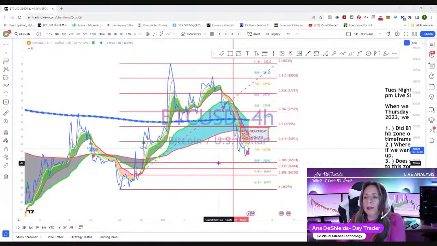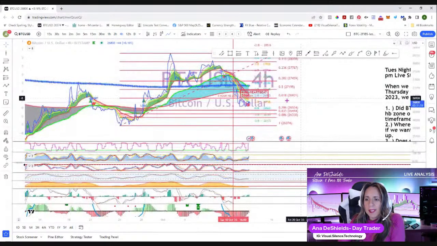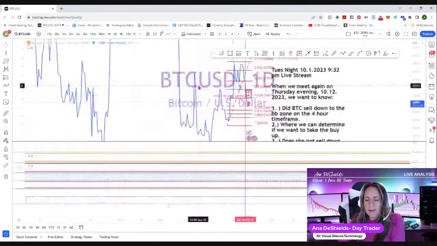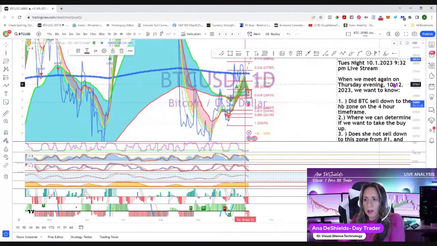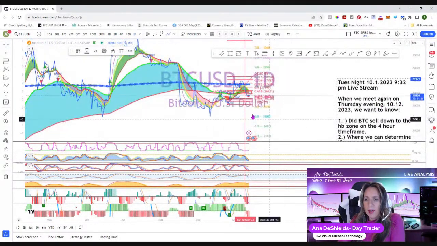All right, so let's see what the momentum is. What else is our momentum telling us? So we are down at the bottom, still selling, still has room to move down. On the day time frame, Bitcoin has a lot more room to come down.